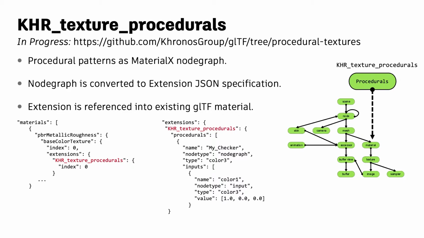Then there will be tooling to convert those MaterialX graphs to the KHR procedural texture extension, and you'll still be able to bind that into your existing PBR metallic roughness extensions. So instead of providing a texture, you would provide a procedural graph. And the tooling would help you process these graphs and generate the final image or bake that down.